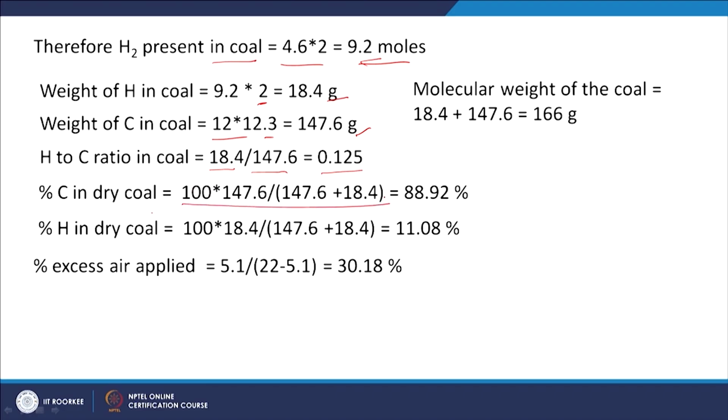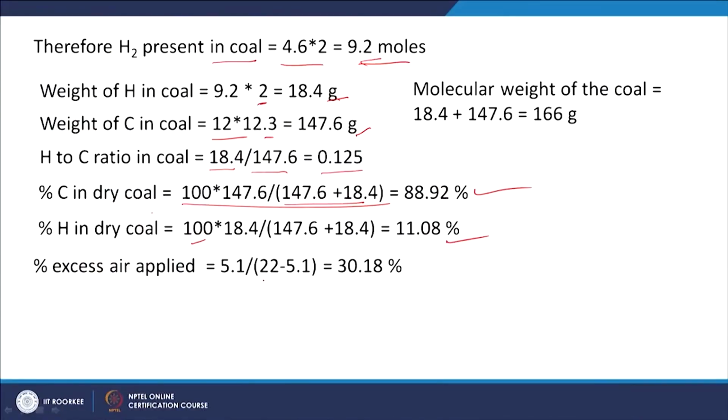And hydrogen will be 18.4 divided by this into 100, that is 11.08%. And excess air supplied equals how much? 5.1 moles excess, and total supplied is 22, and what was used? 22 minus 5.1, that was the required amount. So, what is the excess percentage? 5.1 divided by this minus this, that is equal to 30.18%.